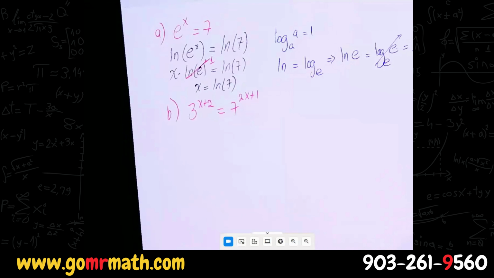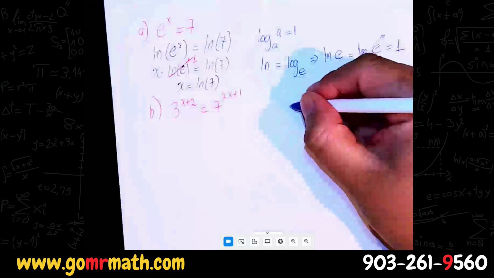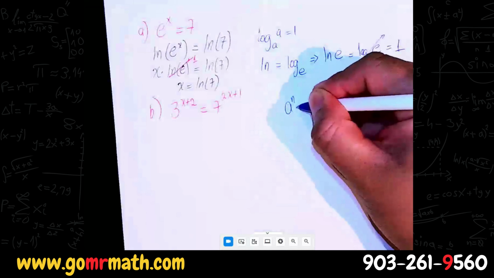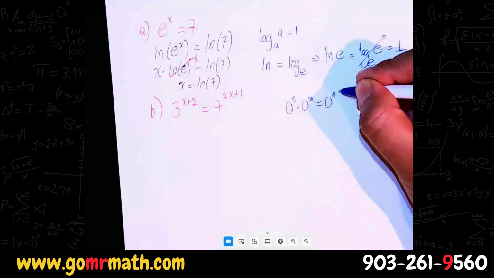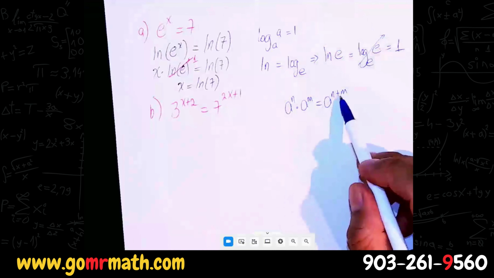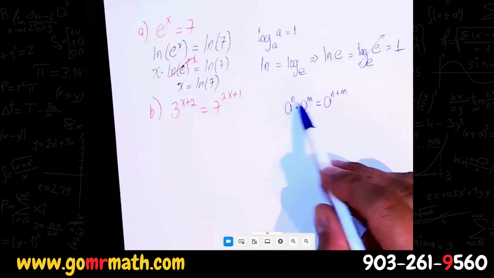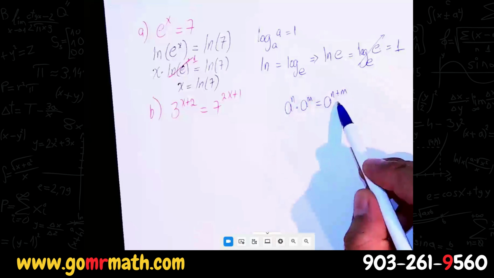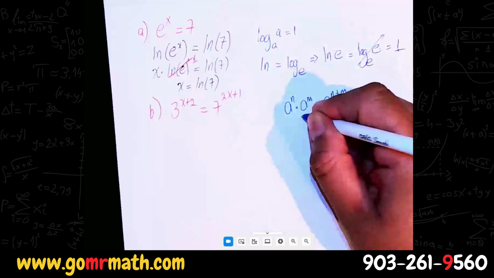One of the things we can do is remember the property that says a to the n times a to the m is equal to a to the n plus m. So we're adding the exponents. If we multiply the same base with different exponents, we add the exponents. Now, what we need to do is go backward.